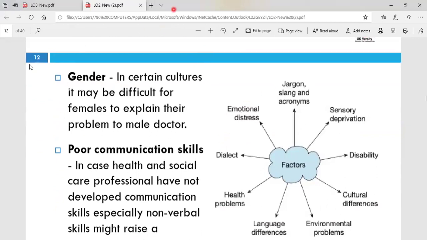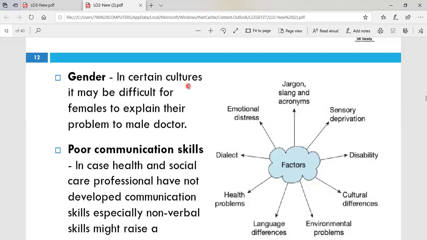And then we have certain norms and cultural preferences. For instance, if a female wants to communicate about a certain gynecological problem or a certain intimate problem that she would want to discuss with her care provider, and that care provider happens to be a male, in certain cultures it's hard for a female to express her problem to a male care provider.